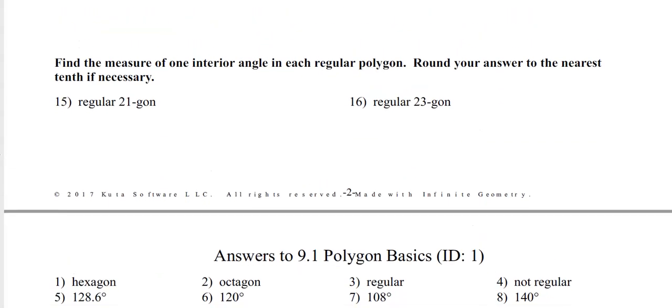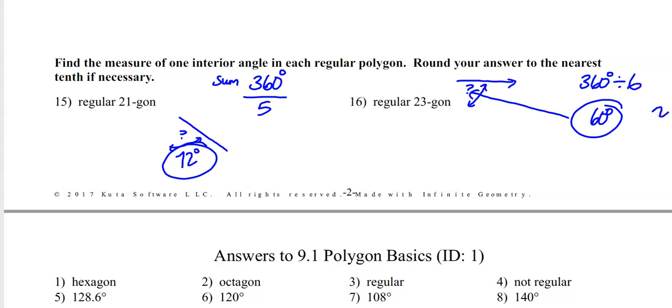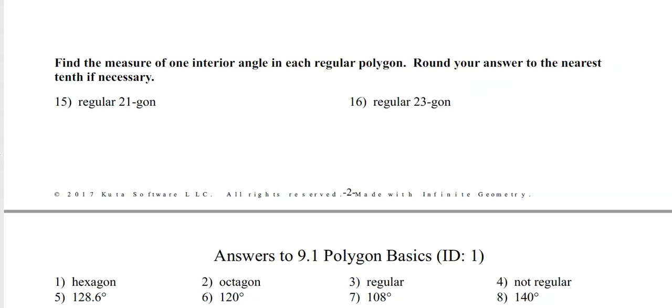Looks like we get a little trickier here on 15 and 16. So number 15, find the measure of one inside angle in each regular polygon. Round your answer to the nearest tenth. So they didn't draw a picture, but they told me that it's a 21 gon, and I want one inside.